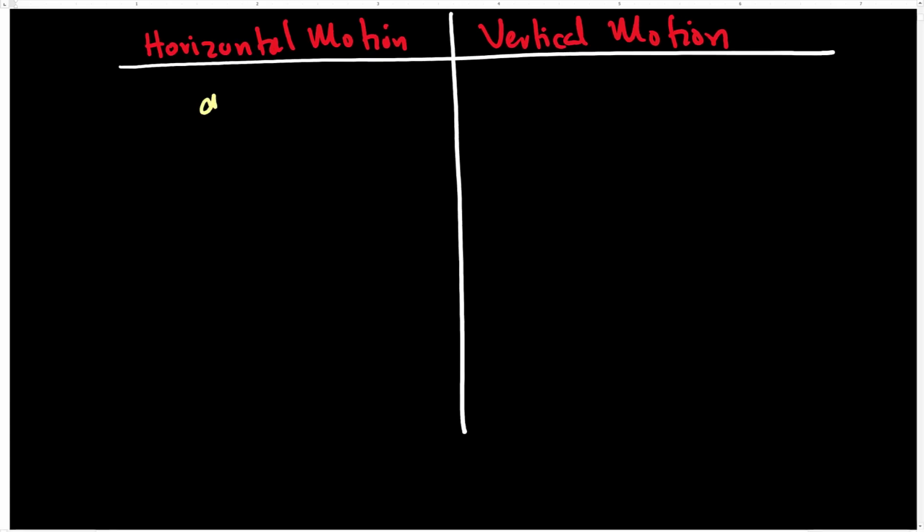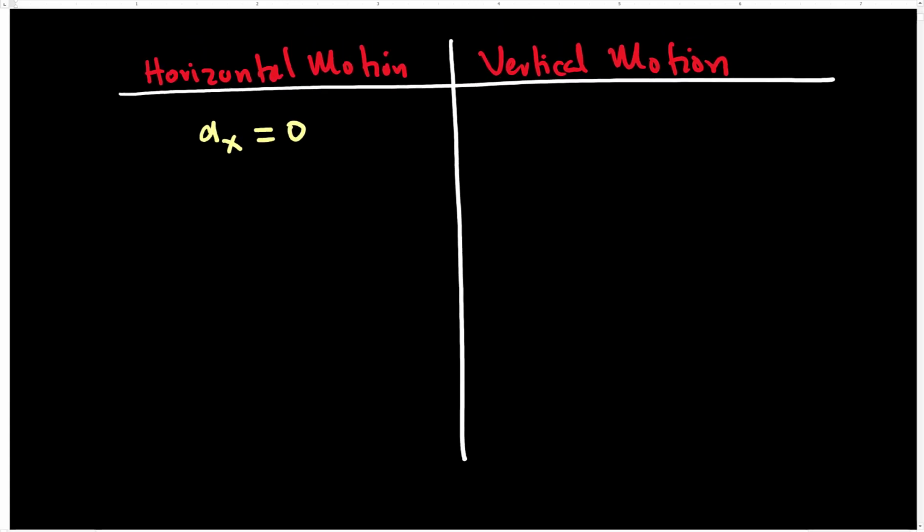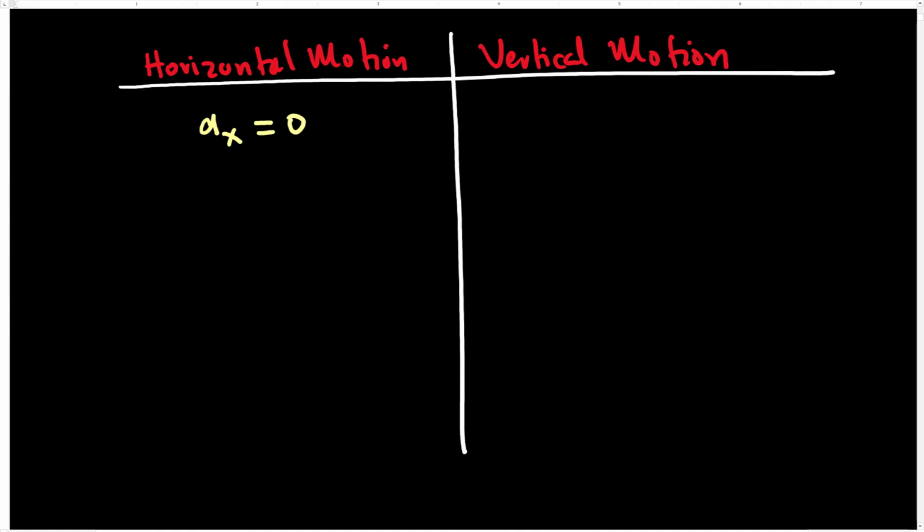One, we know that AX is equal to 0. And 2, we know that AY is equal to negative G. We are taking the upward direction to be positive and the downward direction to be negative. Because the acceleration due to gravity is directed downwards, it bears a negative sign at all times.